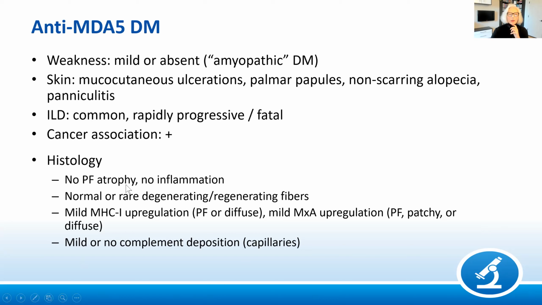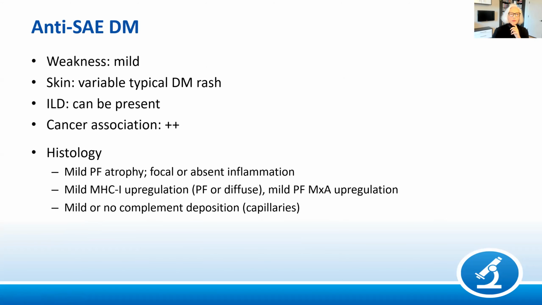There is no perifascicular atrophy, no inflammation, maybe mild MHC1 upregulation, and then this mild MXA upregulation that can really help classify this as dermatomyositis. With anti-SAE, it's more of a typical dermatomyositis pattern, but it can be very patchy and mild.